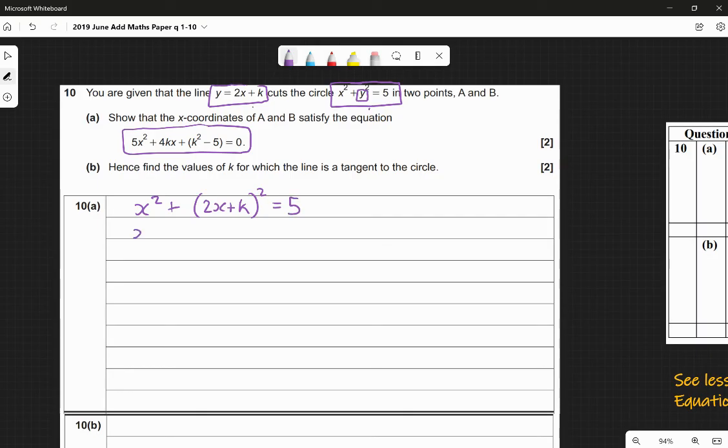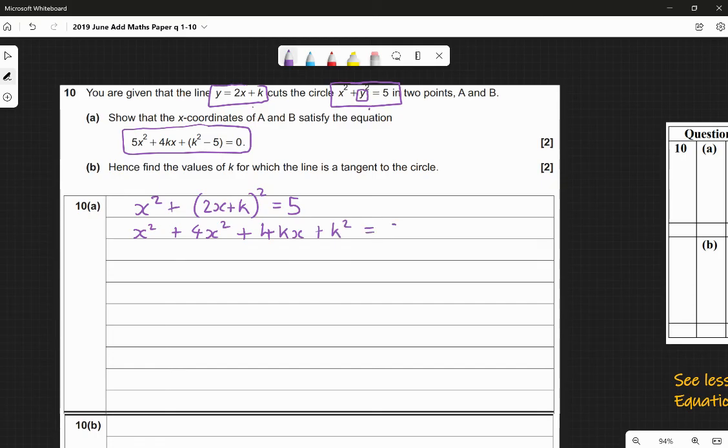So I get x squared plus (2x plus k) all squared, which means (2x plus k) times (2x plus k). 2x times 2x is 4x squared. 2x times k and 2x times k again gives me 2xk and 2xk, which is 4xk or 4kx. And then k times k gives me k squared.